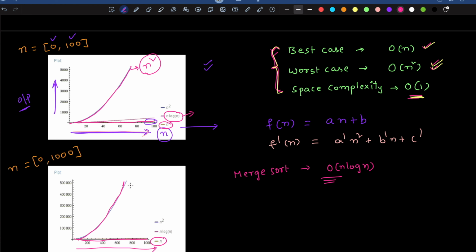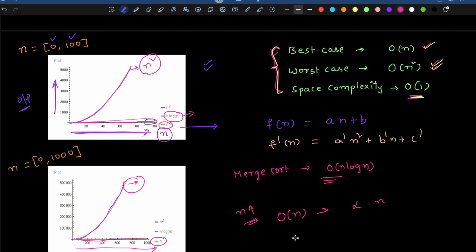If you increase the value of n from 1 to 1000, the growth of n square becomes so steep that you can barely see n or n log n in comparison, right? The n square term dominates the graph. So in a nutshell, what does order of n mean? As the input size increases, let's say my value of n increases, the running time also increases proportional to the value of n here.